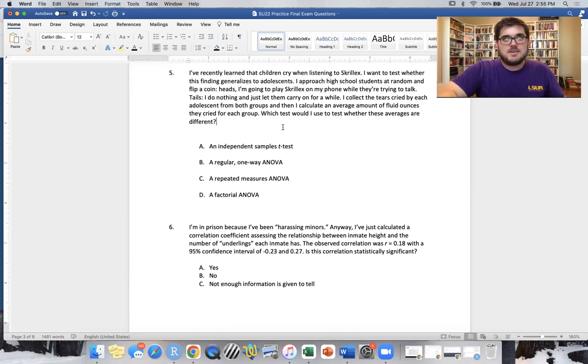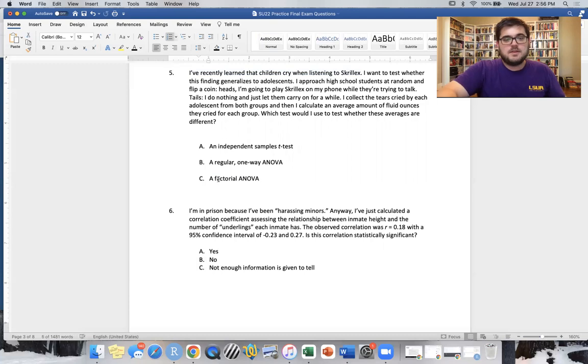That would be repeated measures, but from the description of the study, it sounds like every person's doing one or the other, but not both. I'm either playing Skrillex or I'm not playing Skrillex. So it's not repeated measures.